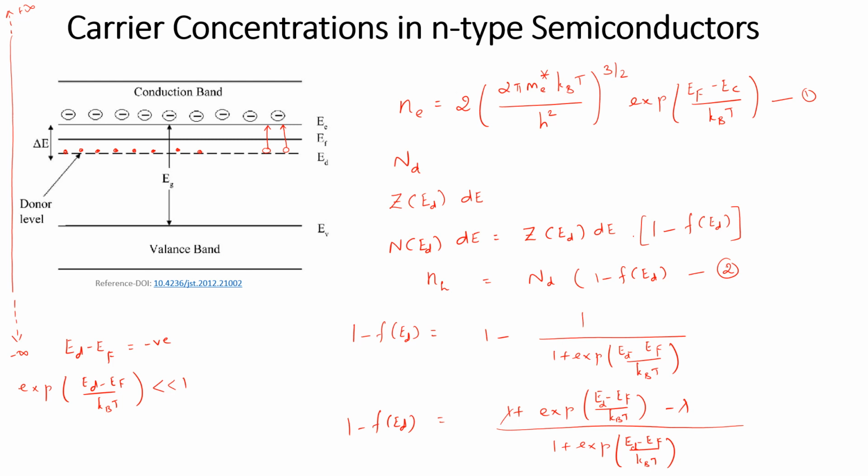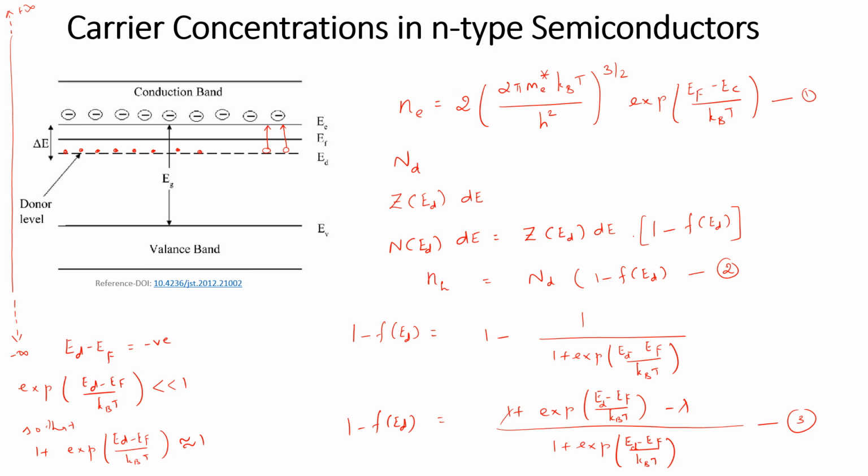I can ignore this term, so that 1 plus exponential ED minus EF by KBT will be approximately equal to 1. This is something like this, say 1 plus 0.0001. It will not make a big difference. So I can simply approximate it to be equal to 1. So this is equation 3.